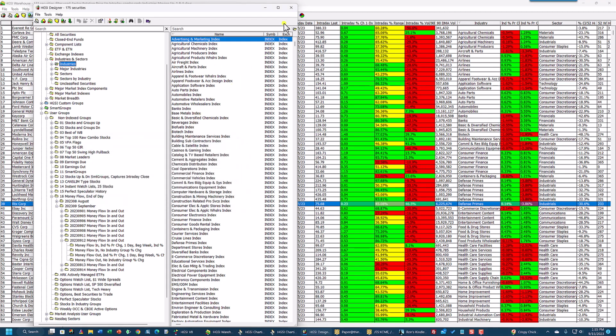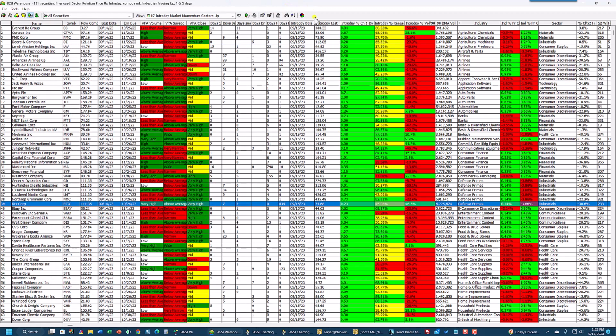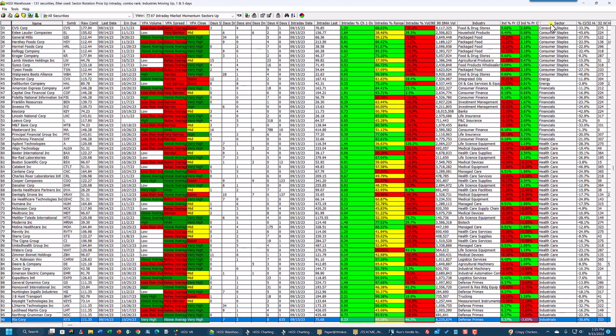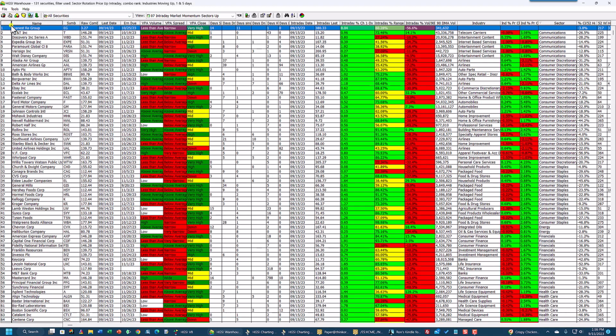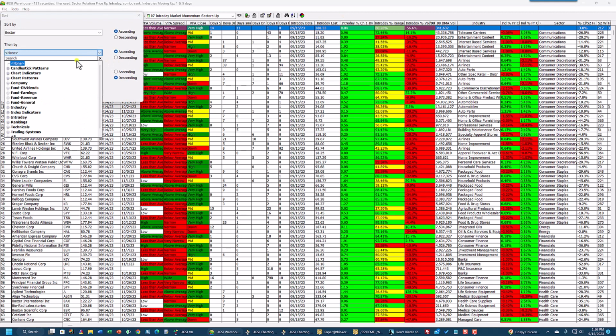But I'm concentrating on the sectors, as you'll see. So the industries have been rebuilt, and now I want to sort on sector. And then I'm going to do a secondary sort on industry.